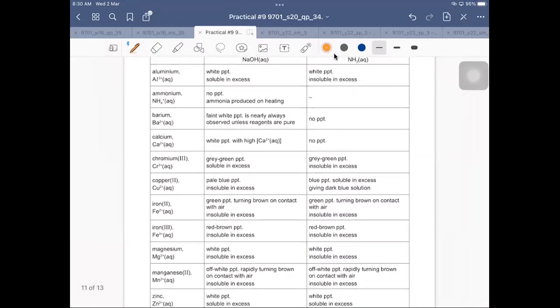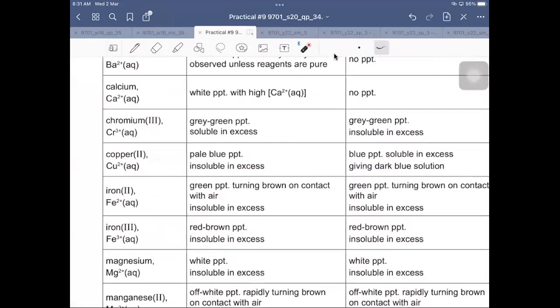Now, if you see a different color from what is stated in this table, that means that color is not right. You choose the nearest color to the one that is stated in this table when you are using either sodium hydroxide or ammonia. Okay, so for example, you see, I don't know, black precipitate.